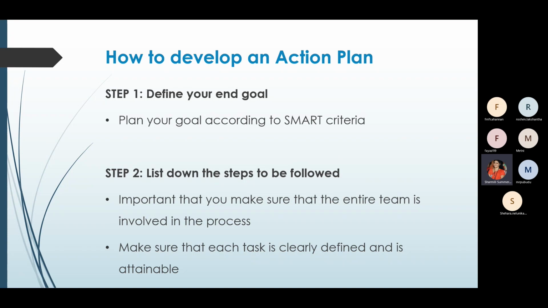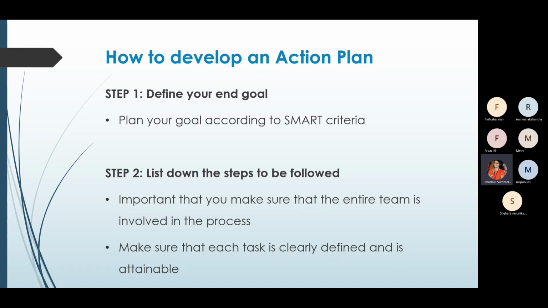Then the second step is to list down the steps to be followed. It can be steps or tasks. That means in order to achieve your defined goals, what things are you going to do? Are you going to do it in small tasks, or in a process with some steps?